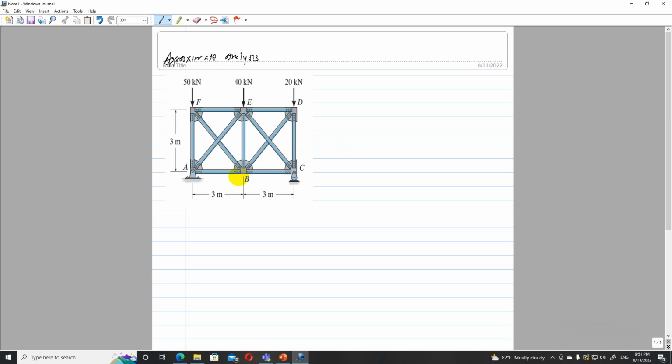So now here if I mark this one RA and RC and HA, we balance vertically: RA plus RC minus 50, minus 40, minus 20 is 0. So RA plus RC is 110 kilonewton.